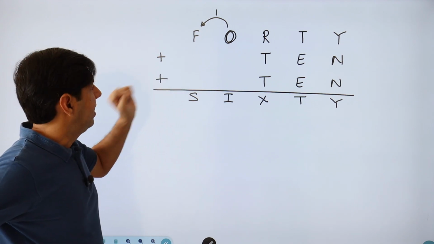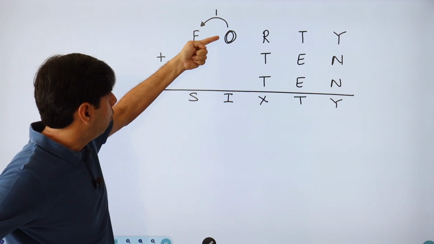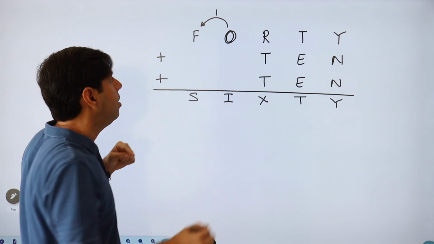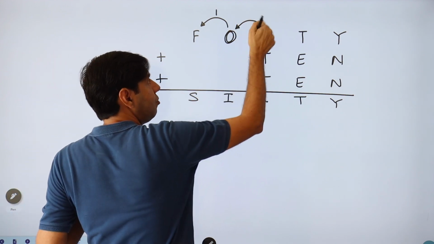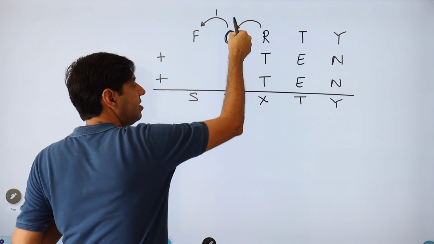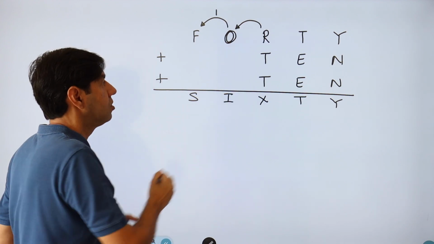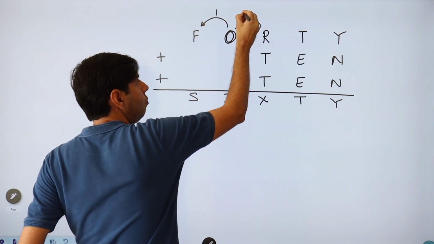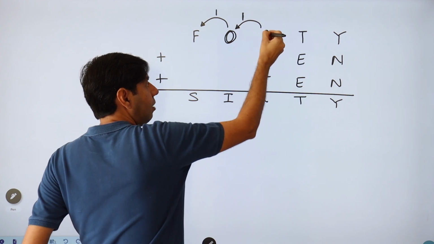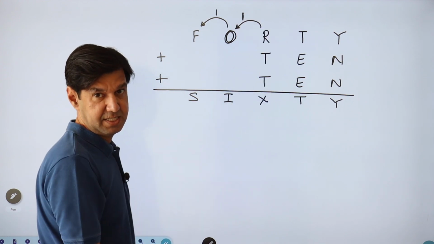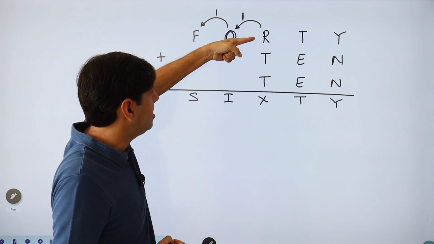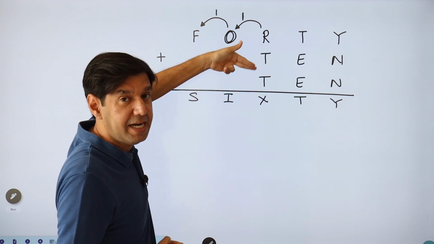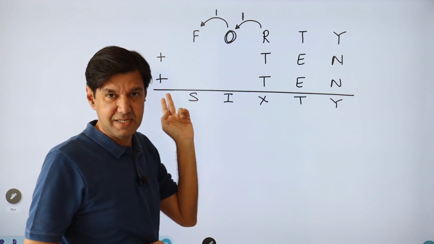And the O has also changed to an I, so that necessarily has to be a carry from here. It can't be 0, because had there been no carry, then O would have come down as O. So there has to be a carry. The carry could be 1, but now there are 3 digits, so the maximum value that it could have is 9 and 8, 8, or 2 9s and 1 8.